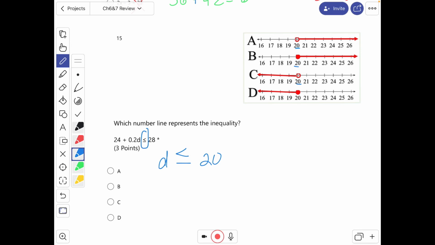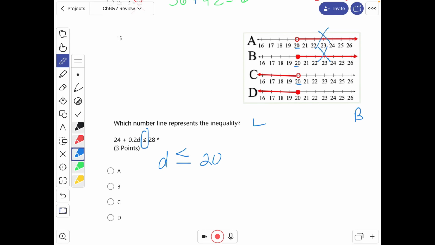Remember, if you're multiplying by a negative or dividing by a negative, you would have to flip the sign. So since there's no negatives, we're not going to be flipping the sign. It stays the same. So D needs to be on the little side because the alligator's not eating him. And little is on the left and big is on the right.